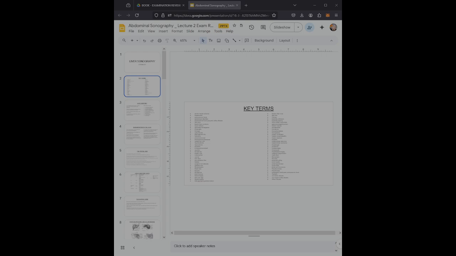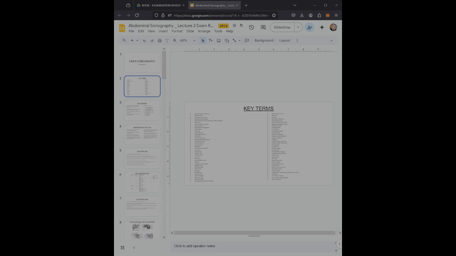An echinococcal cyst is similar to a hydatid cyst, and an echinococcal cyst is a cyst that is caused by the Echinococcus granulosus parasite, and it is the parasite responsible for the development of hydatid liver cysts.